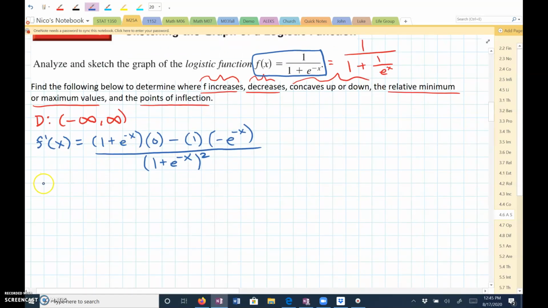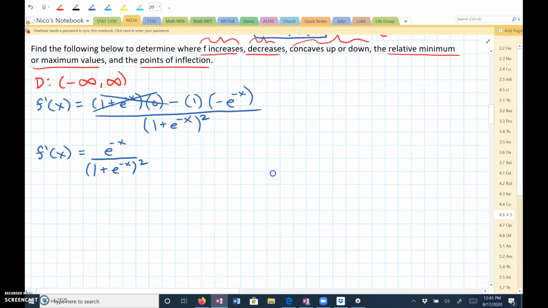So now let's simplify this. Let's simplify the numerator. That's just going to become 0. This would become positive e to the negative x all over 1 plus e to the negative x, squared. And then let's find critical numbers.